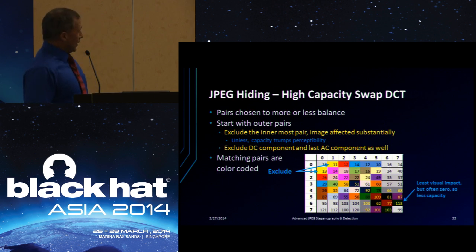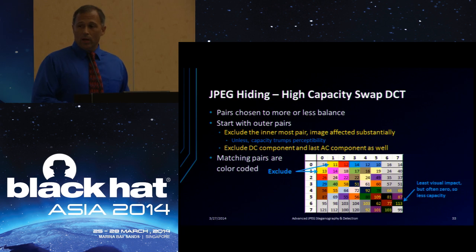Now, I found that you don't want to use the DC coefficient, which is that one, because you change that and it really distorts the image a lot. I also found that using these two really distorts the image a lot. So the program does allow you to use those two, but you'll get a really distorted image, as we'll see. All the rest get to be used, and we'll see the results.